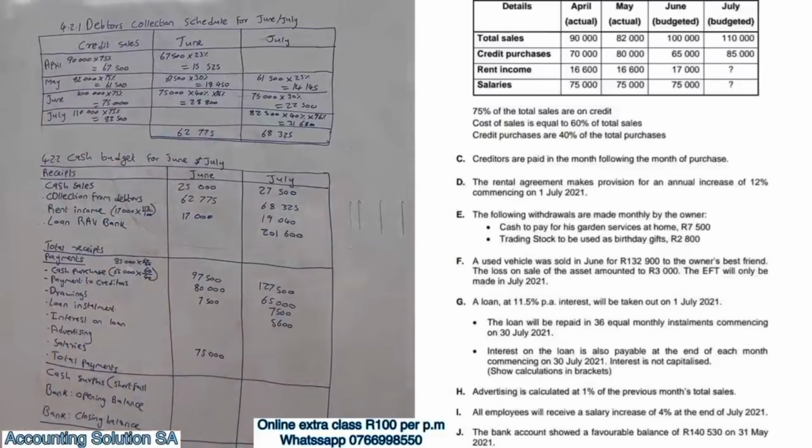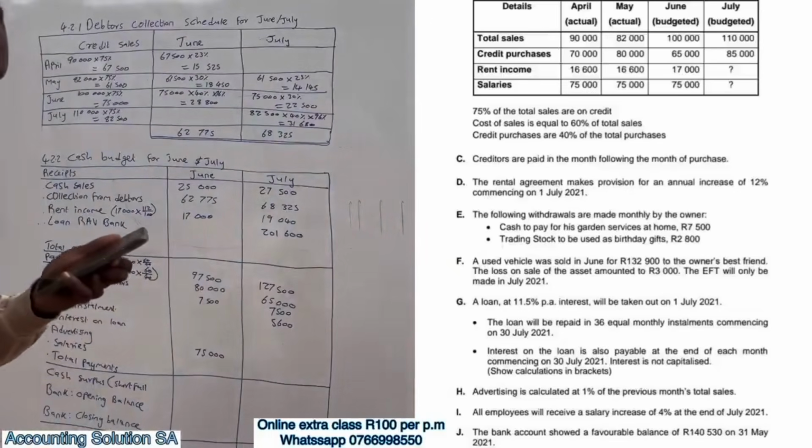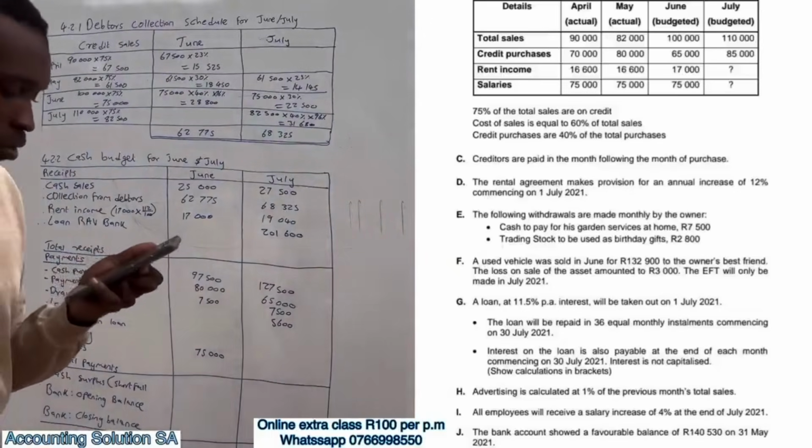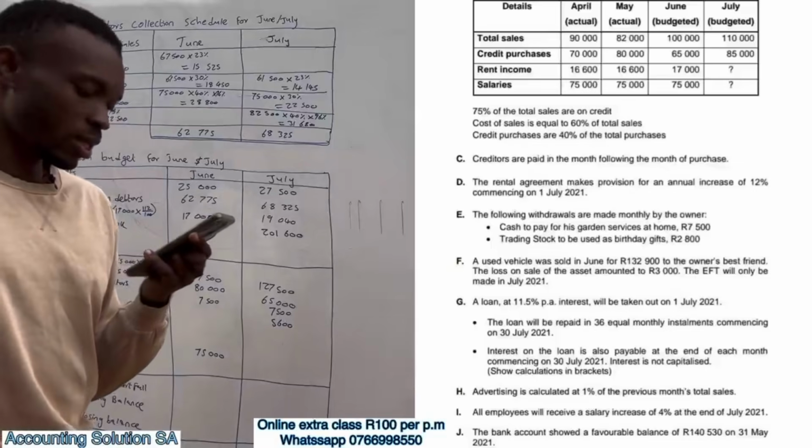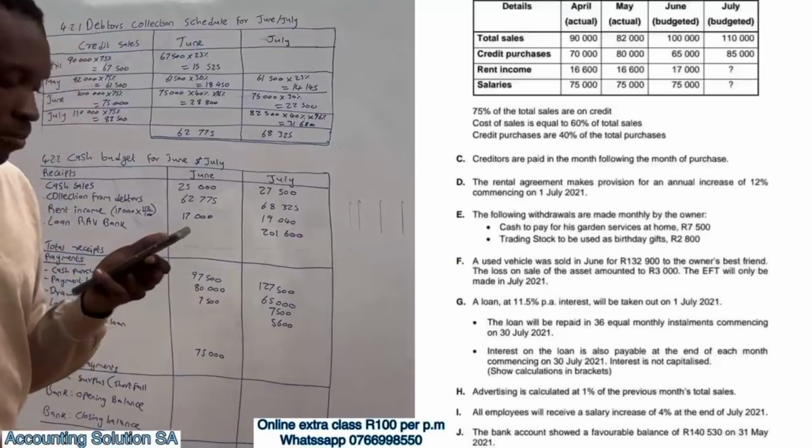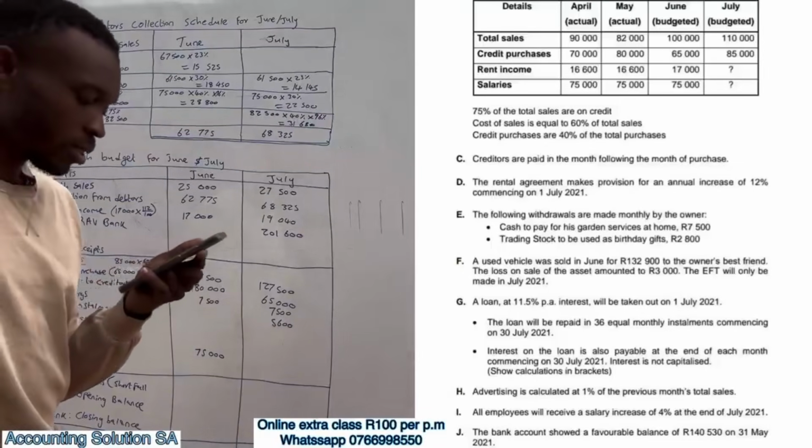Okay, and the following one. A used vehicle was sold in June for an amount of 132,900 to the owner's best friend, and the loss on sale is 3,000.